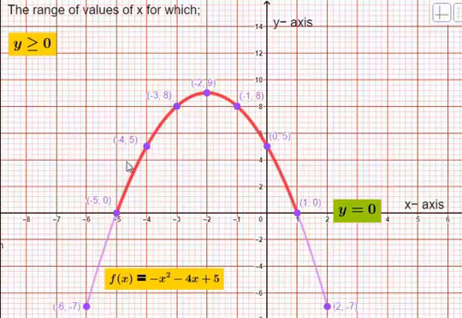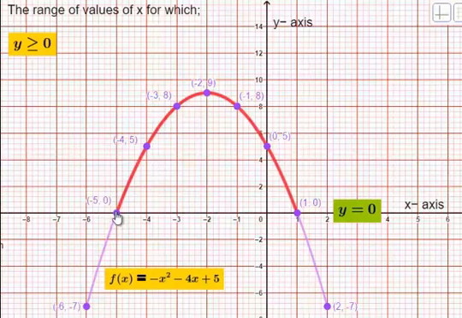Then, as we move along, we see that for all these points, y is greater than 0. The y values are greater than 0. Then when we get to another point on the x-axis, y is 0. Which means that the answer starts from where y is 0 and ends at where y is 0. And those x values should be included in our answer.